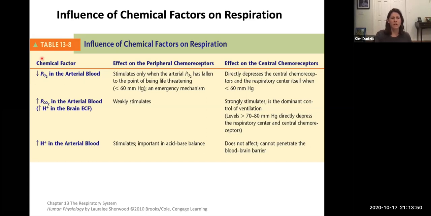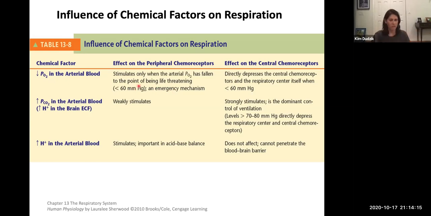So when the partial pressure of oxygen goes low, right, you have these chemoreceptors in the periphery, in the arteries and things like that. And they're only stimulated when the partial pressure of oxygen falls below 60, right?